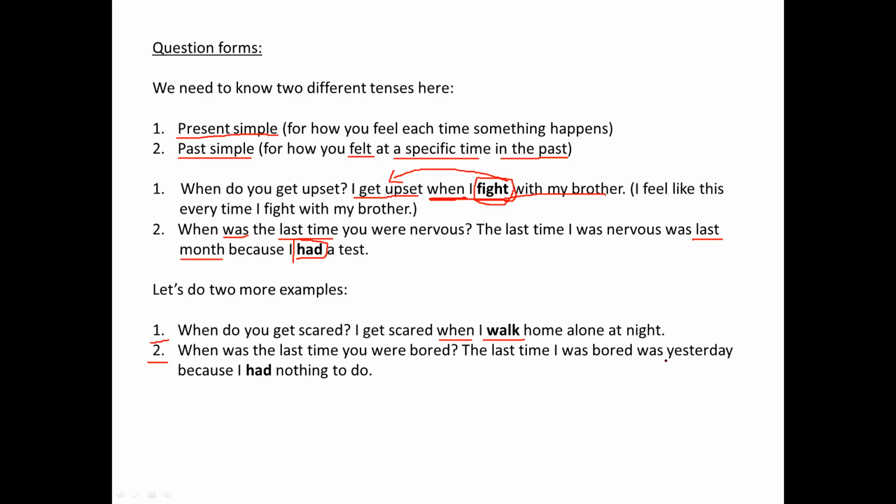The last time I was bored was yesterday because I had nothing to do. Time in the past, past simple. Those are the two types of question you need to know how to make and how to answer.